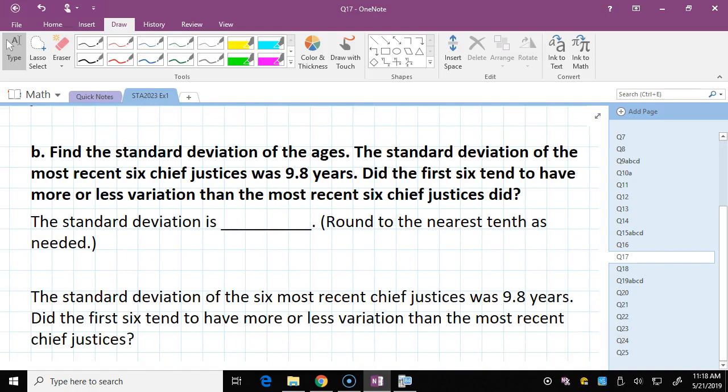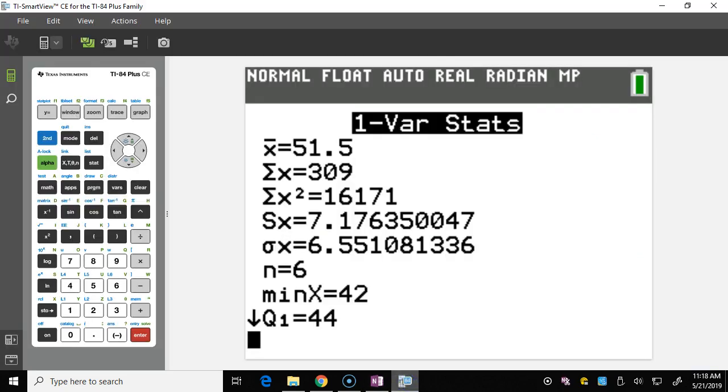So next it says find the standard deviation. Well, again, I told you in class I didn't want you to do this by hand. Although there's not a lot of numbers, you could do it by hand, but that's just silly. Why take up that time? So right here in our one variable statistics, we have all the information we need to get that standard deviation. Who's the standard deviation on this screen?